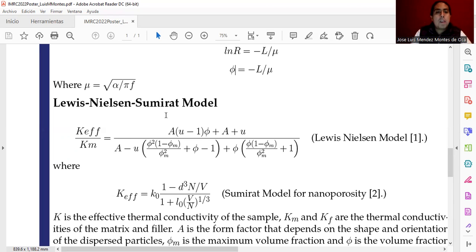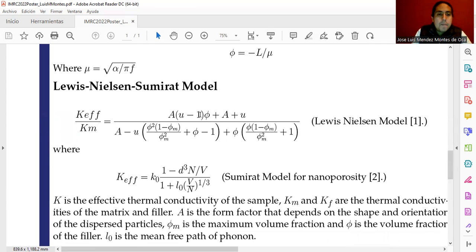Here we have this parameter A, which gives information about the shape of the nanoparticles. In this case, we consider our nanoparticles spherical. And this parameter phi m gives information about the packing of the nanoparticles.